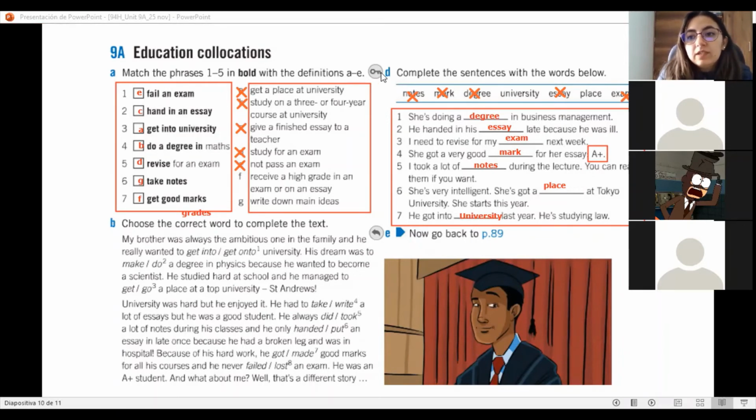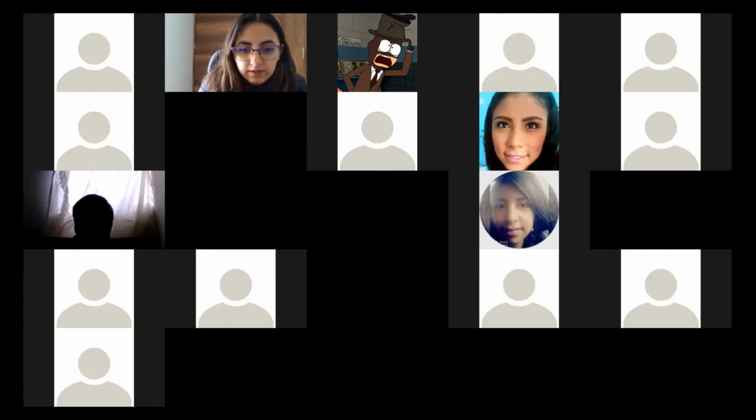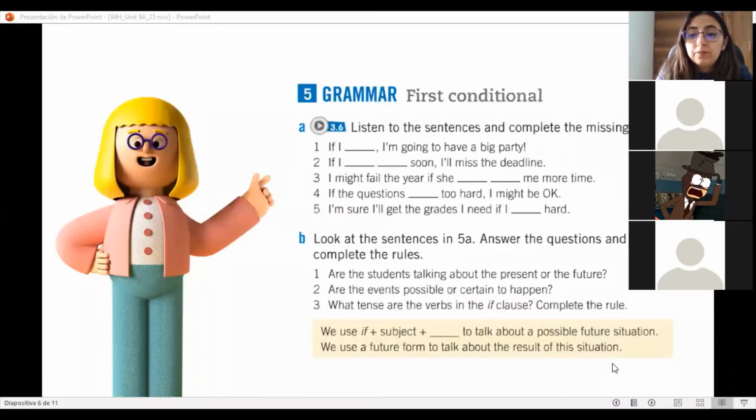Let's continue with today's topic, guys. Help me completing the following ideas. You're going to see some phrases, and as I remember, you made a short research about a specific topic last week. Sí, ustedes entregaron un trabajo, un deber, haciendo una pequeña investigación sobre el first conditional. Do you remember? So now you're going to help me with that information.